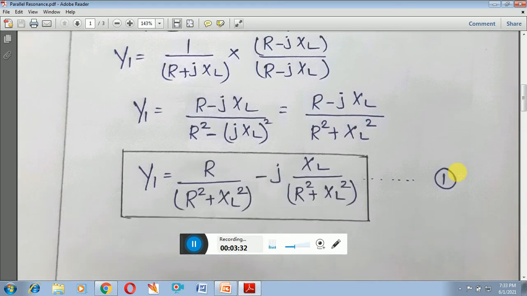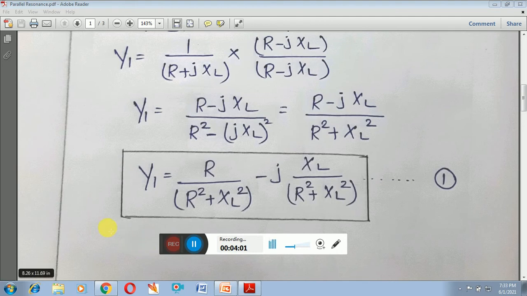You can simplify further as Y1 equals R by R squared plus XL squared minus j XL divided by R squared plus XL squared. So this is the admittance of the first branch, and consider this as equation number 1.